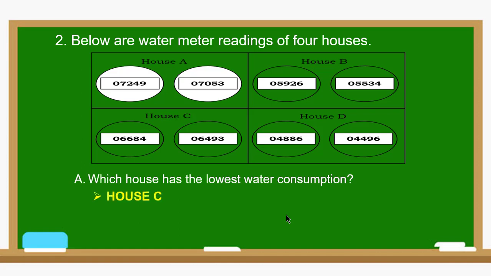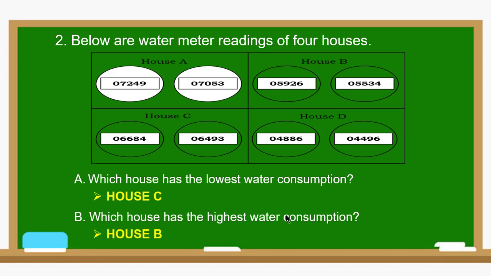The answer, House C. Letter B. Which house has the highest water consumption? The answer is House B.